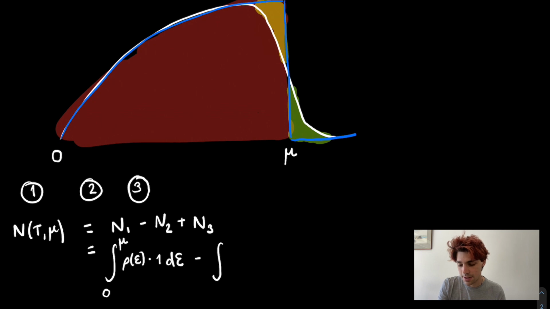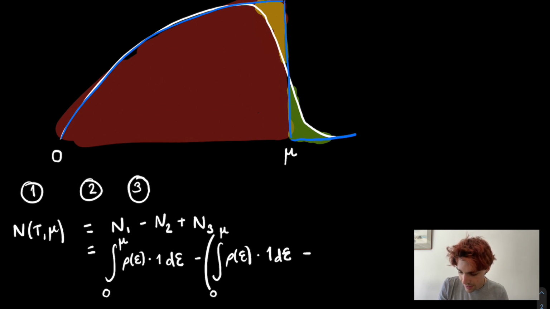It only goes up to the chemical potential mu. So we can again perform the evaluation between naught and mu times the density of states. Now what are we going to get here? Well, we're subtracting the blue curve, which is of course just going to be 1. The Fermi distribution is 1, minus, and I better put a bracket around here. So that's going to be integrated over epsilon. So that's the first bit.